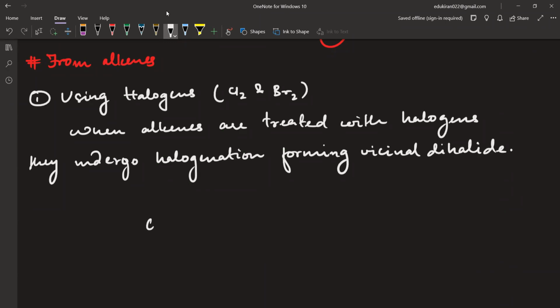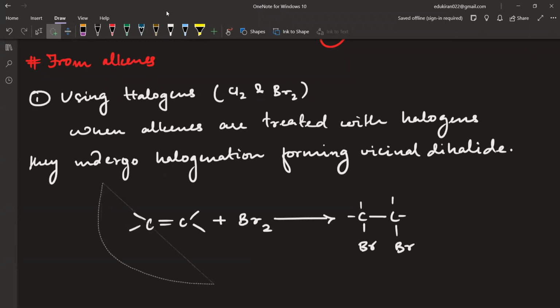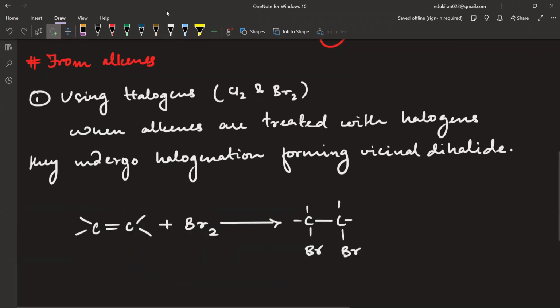See, you have a double bond carbon. Say there are some groups attached here like this. Plus, you're reacting this with Br2. So what is happening here? One of the Br is attaching to this carbon, the other Br is attaching to the other double bonded carbon. So you'll have Br, Br. Important points to note. First of all, what is broken? The pi bond is broken.